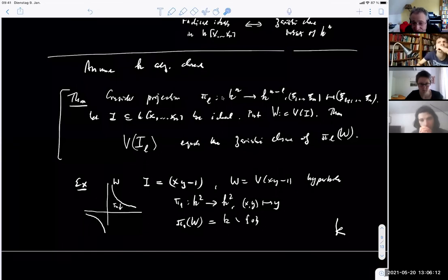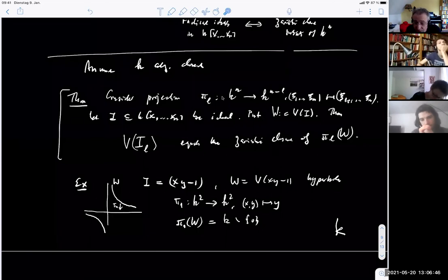It could be the zero polynomial, then you have everything, all of K. But if it's not the zero polynomial, you get a finite set. And if you have more polynomials, even simpler. So the Zariski closed subsets are either K itself or the finite subsets of K. But K with zero removed is not finite. It's infinite, since we have an algebraically closed field. So it's not Zariski closed.